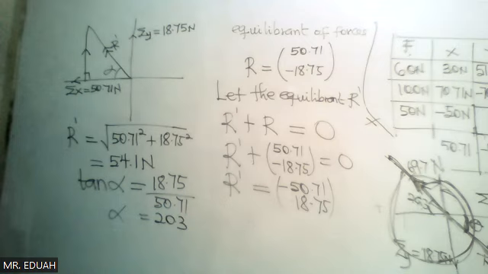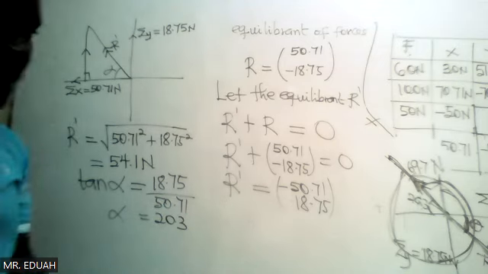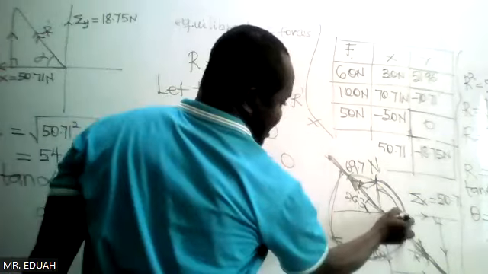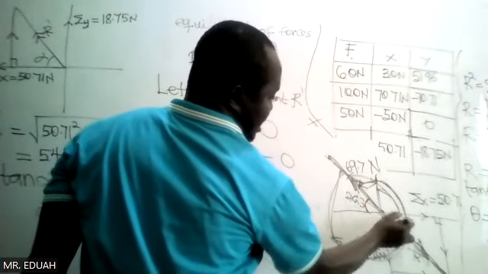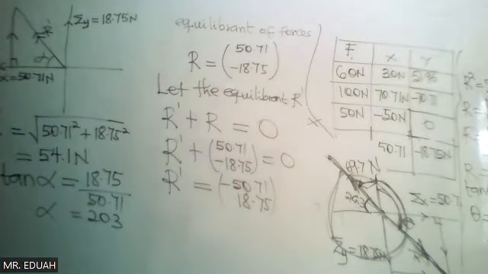Okay, so let me draw your attention to what we were doing here. I earlier was saying that when this is theta, 20.3, this is also 20.3.